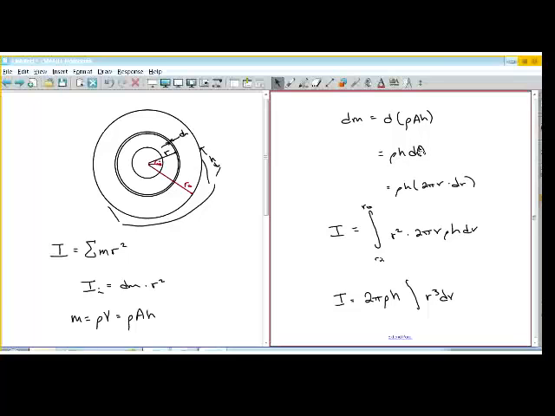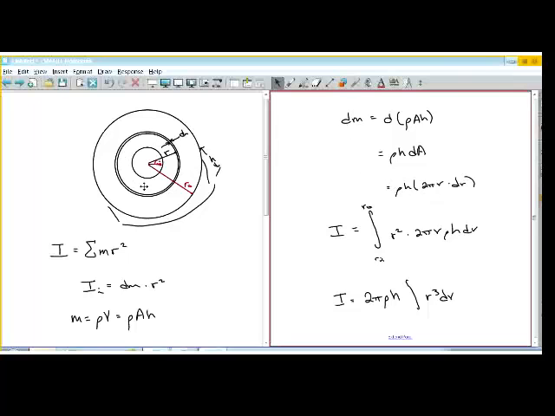So we said the density and the height are constant for the disk, so we ended up with this differential area dA. And the area of this little ring is just equal to the circumference, which is 2 pi r, times the thickness, which is dr. It's kind of like you take this ring and you cut it here and then just stretch it out.